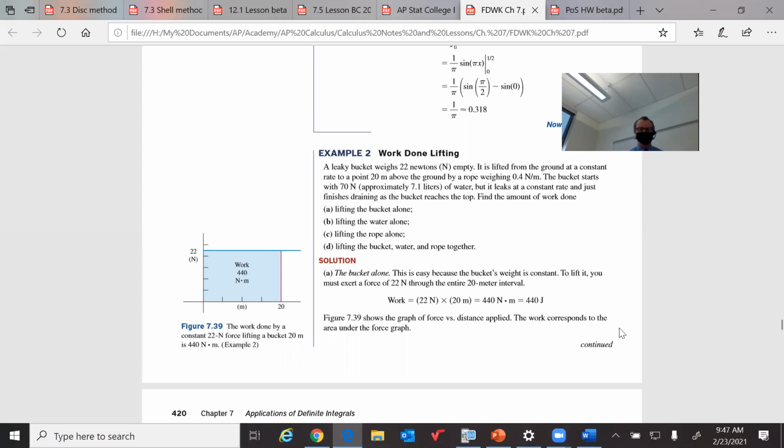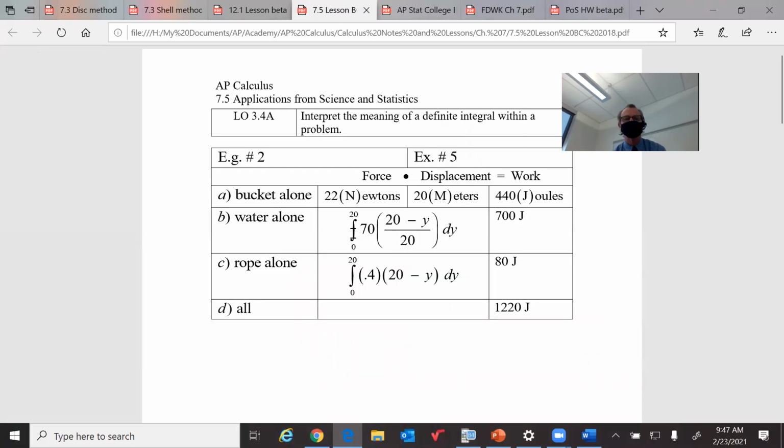There's a picture in the margin, helps you see this. But what are you doing? You're saying the bucket of load would be the force times displacement. And their product would be 440 joules, which you can look at as saying that was the area under that curve.